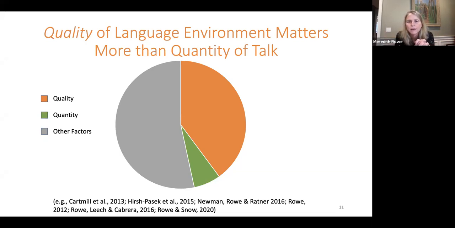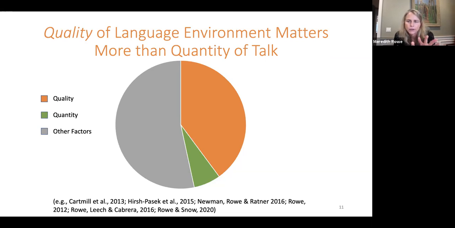What we know now is that if you take into consideration the amount of talk that they hear during early childhood, but also the qualities of that talk, this orange chunk represents the variation that would be explained by measures of quality. And this green slice is the little piece that might get left over, explained by quantity. And then this gray side are these other factors that also play a role, whether they be genetics or whatever, the things we're not typically measuring.